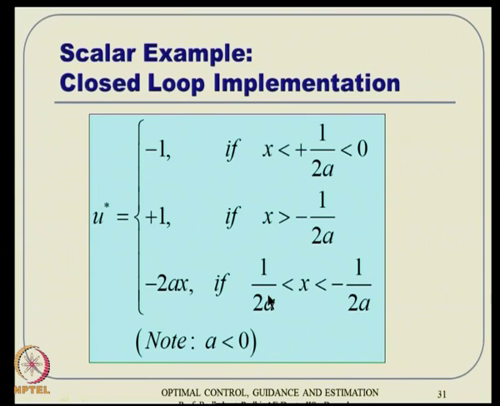If x is less than this one, remember a is negative again, so this is a negative quantity, if x is less than that, outside the bound, then I will have minus 1. If x is greater than that quantity, then I will have plus 1. And otherwise, if it is within the bound, then I can operate that way. So, this is a state feedback formula basically.